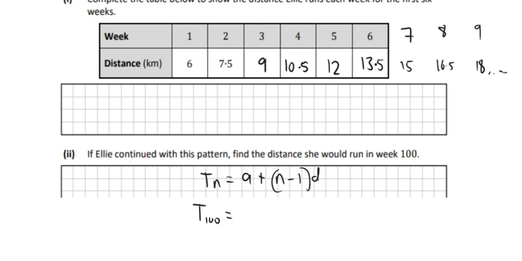A is the first term, which is 6. We put in the 100 for n. And our d here is 1.5. That's the difference. That's what it goes up by each time. And that gives us 154.5.